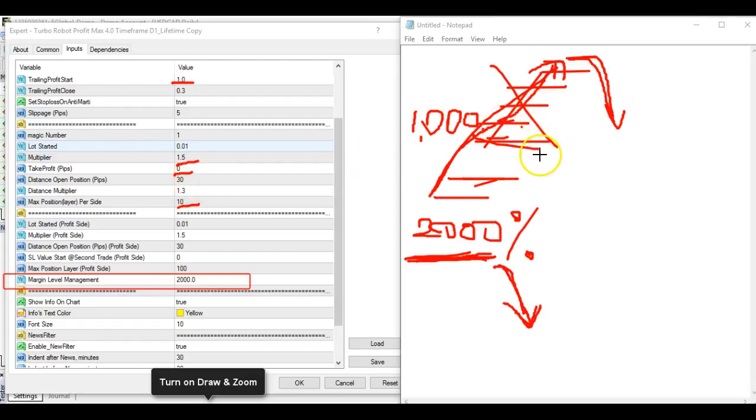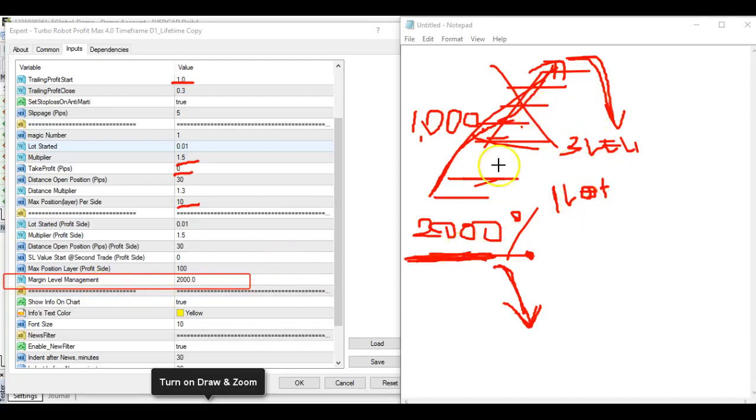All right. So sometimes you will start with a bigger lot size. Let's say you're starting with 1,000 US dollars and you start with one lot. It's very high, and it will eat up your margin level very easily. With one lot, maybe you cannot reach even 3 layer levels. So if you are not getting 3 levels, the robot will stop opening new trades, because your margin is not enough.